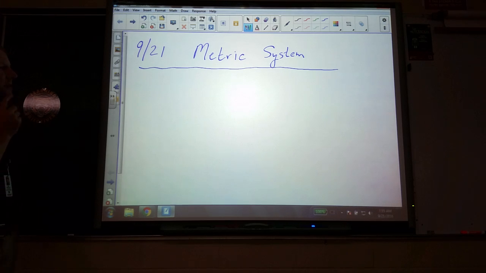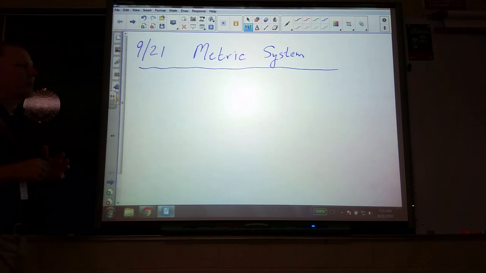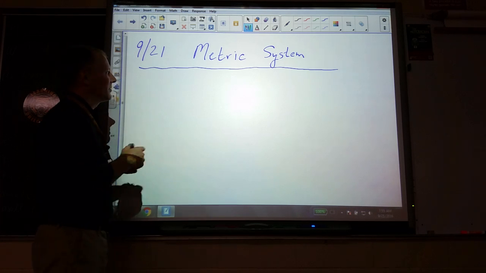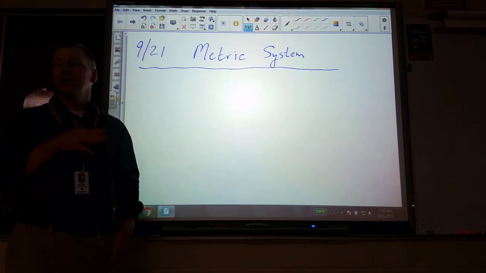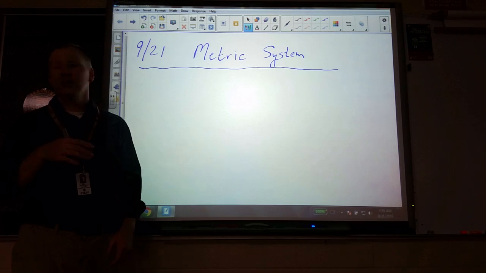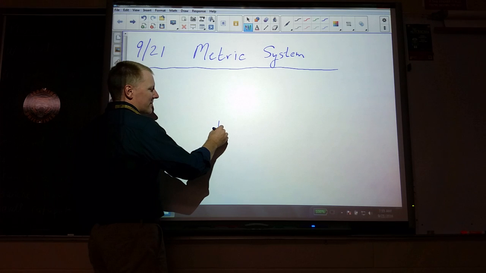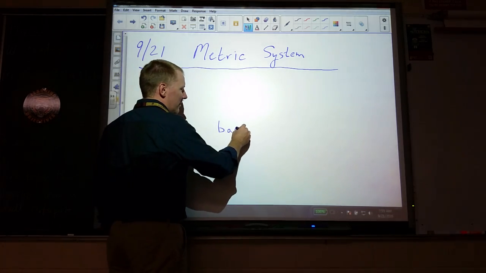So let's first talk about something that's everywhere in the metric system, and we even see it creeping into different parts of our own measurement systems, and that is how they name different sizes of measurements. So each size is going to start out with some sort of base unit.